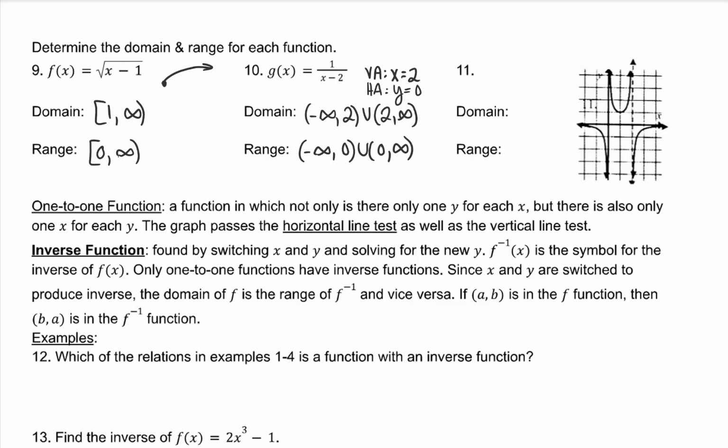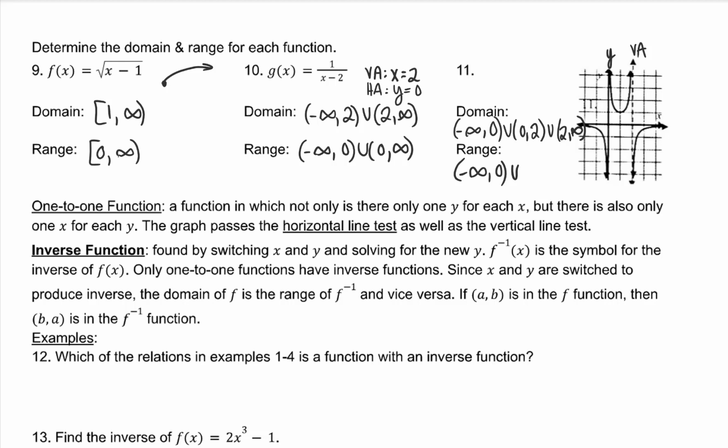Our domain for number 11, looking at this graph, we have 2 vertical asymptotes, one at the y-axis and one at 2. So our domain will be negative infinity to 0, 0 to 2, and 2 to infinity. In our range, it looks like we have a horizontal asymptote at 0, so we go from negative infinity to 0 non-inclusive.